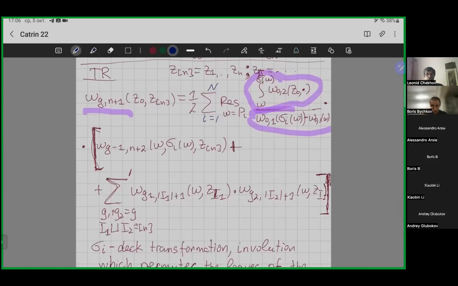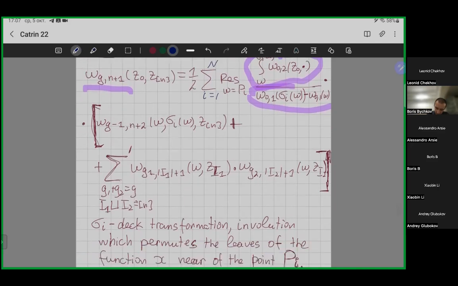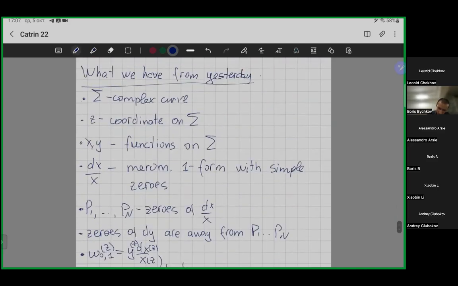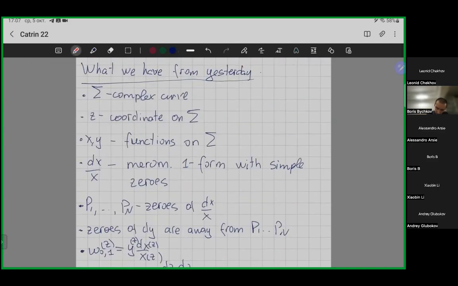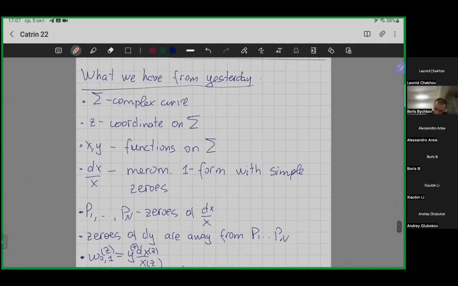In the case of simple Hurwitz numbers, sigma is just CP1, and x is z e to the power minus z, and y is z.